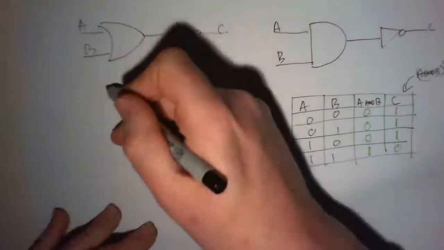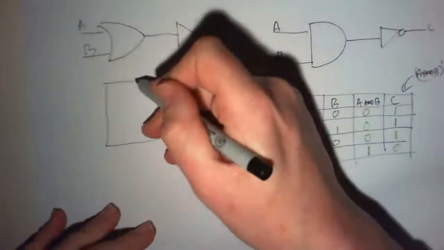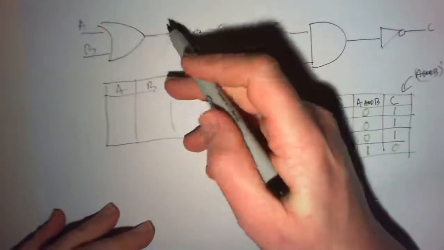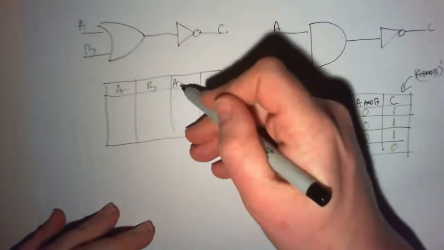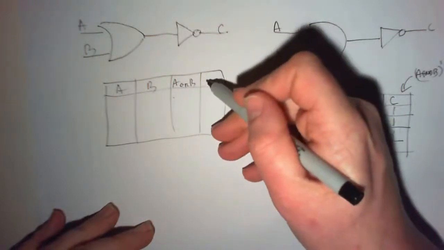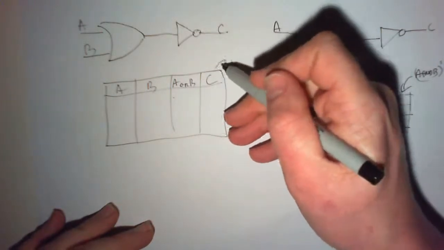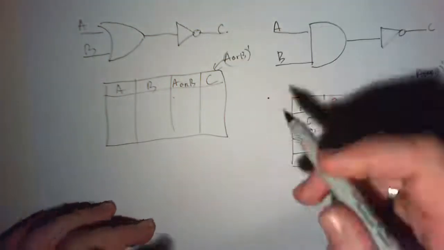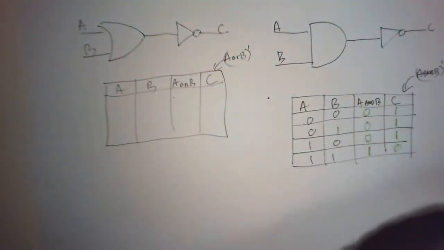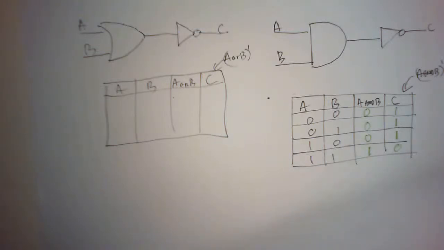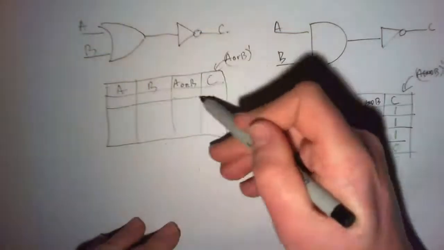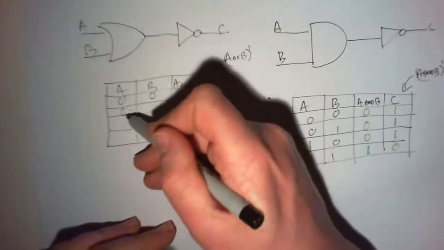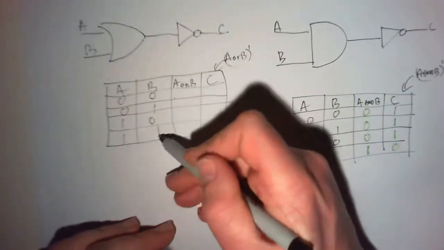So hopefully you figured out that there was 4 columns. A, B, A OR B, and C is really A OR B not. It's not A OR B. Right, so let's see what our options are. We'll do the usual 0 and 0, 0 and 1, 1 and 0, 1 and 1.